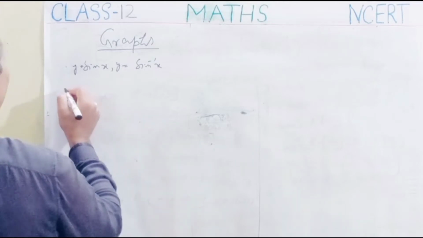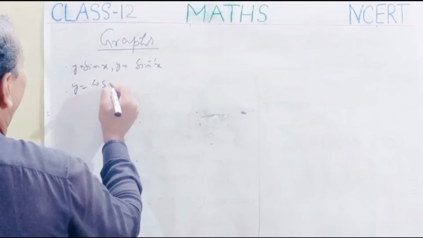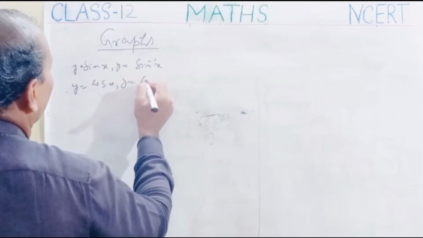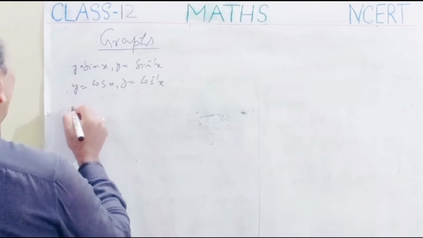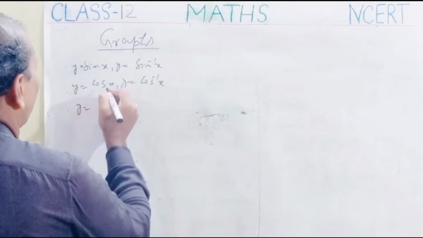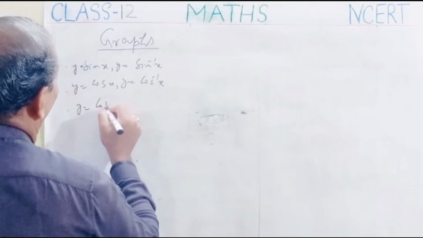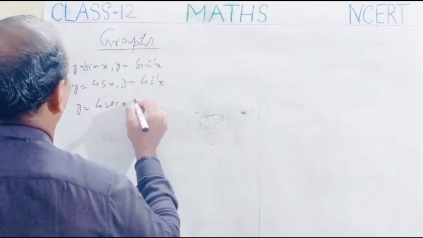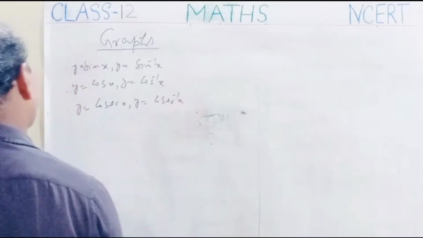Similarly, we will draw the graph of y is equal to cos x, and then y is equal to cos inverse x. Then we draw the graph of y is equal to cosec x, and y is equal to cosec inverse x.